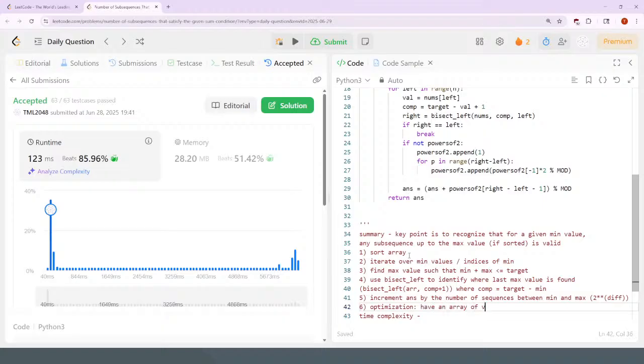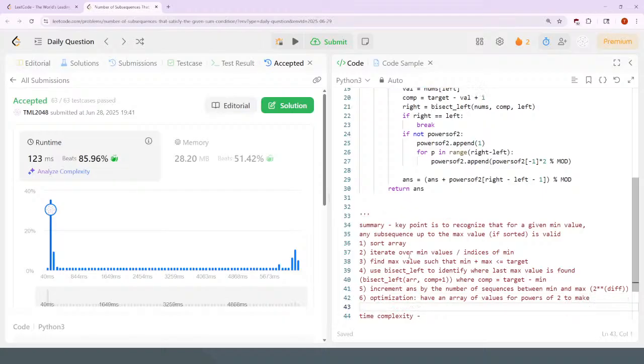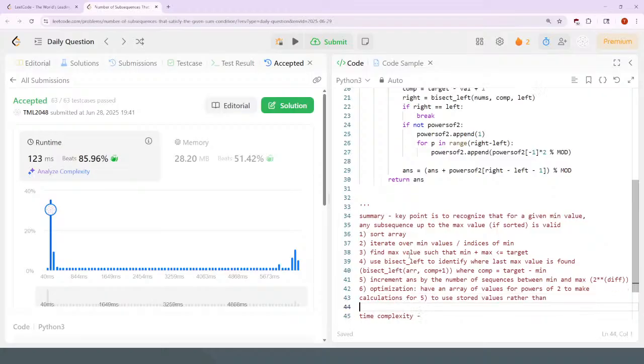And then the optimizations would be to have an array of values for powers of 2, to make calculations for part 5 use stored values rather than calculating powers of 2 each time.